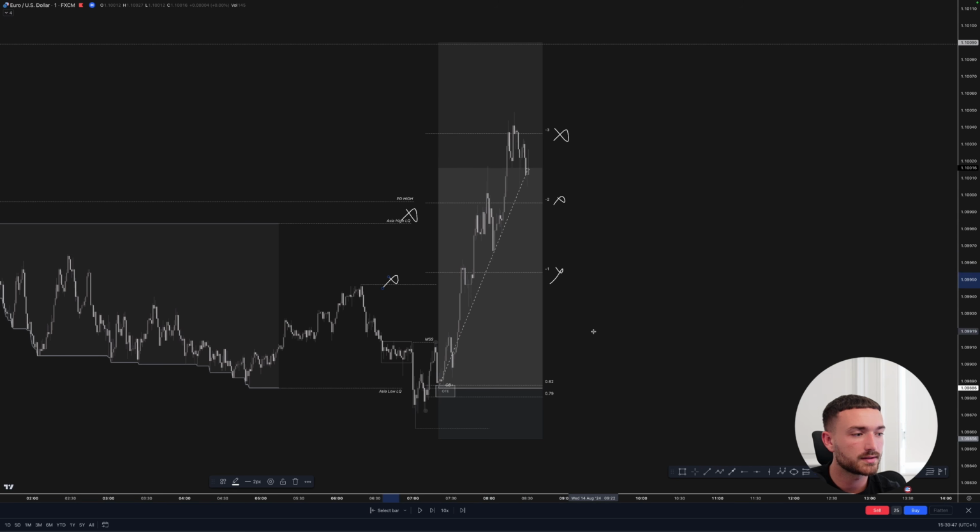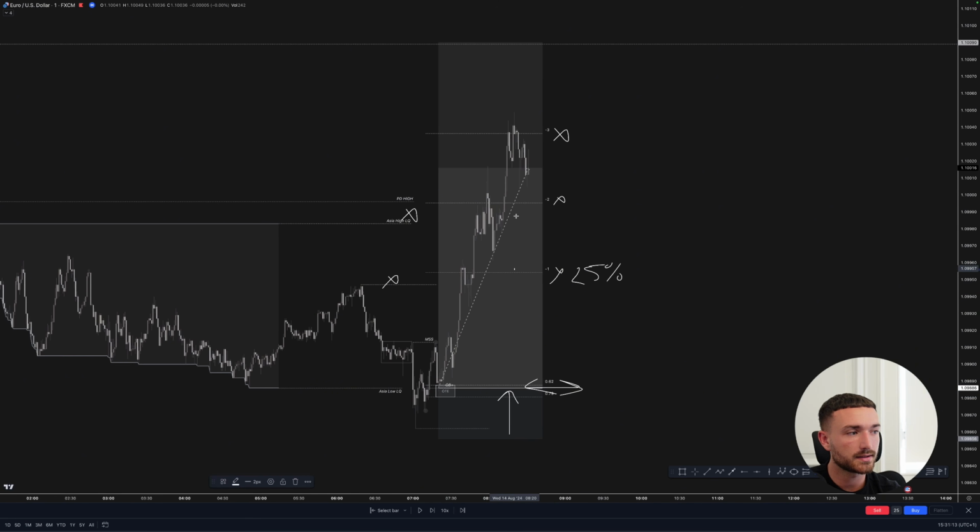For example, at 1 deviation, I might take 25% off my original lot size and move stop loss to break even. Therefore, this trade is now risk-free, which means if price was to reverse from here, I would still bank 25% of my original position and break even, which means I haven't lost anything, I banked.